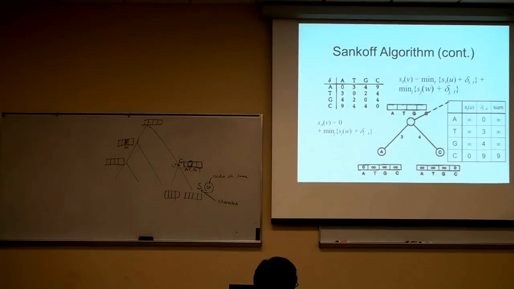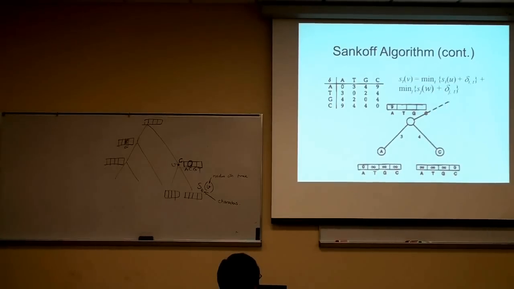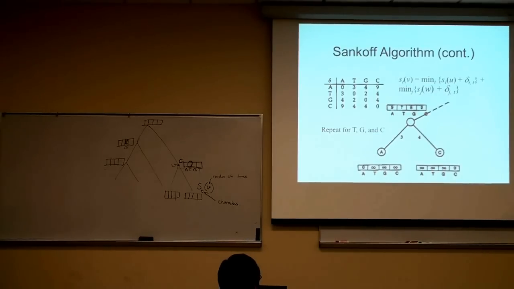This is just explaining what I already explained. So you put a 9 there. If you put a T, you'll get a 7 there. If you put a G, you get an 8, and so you filled in those numbers using this recurrence.